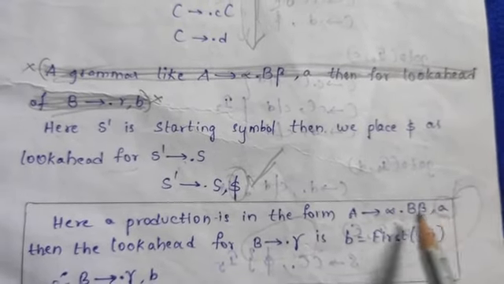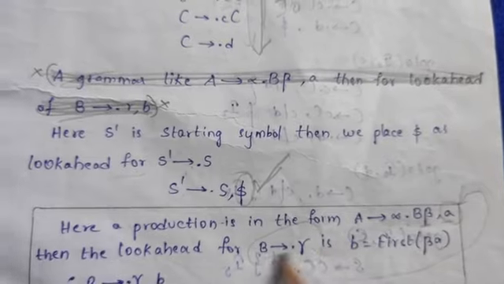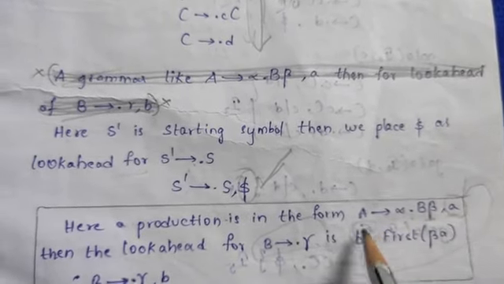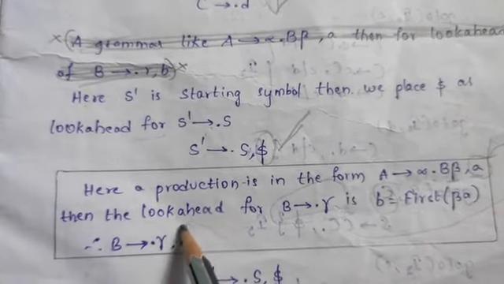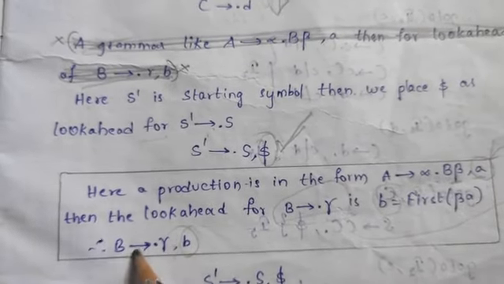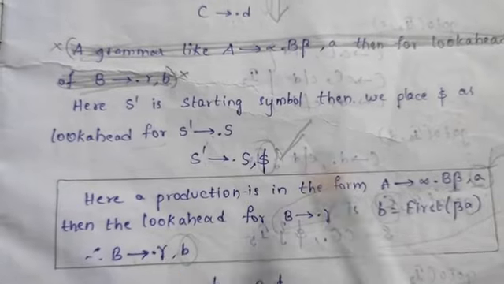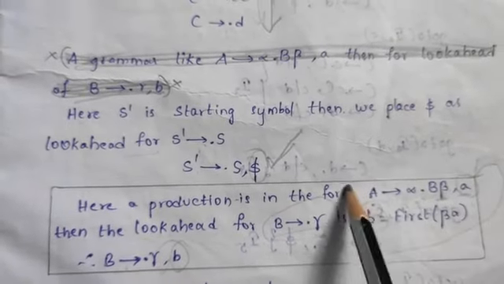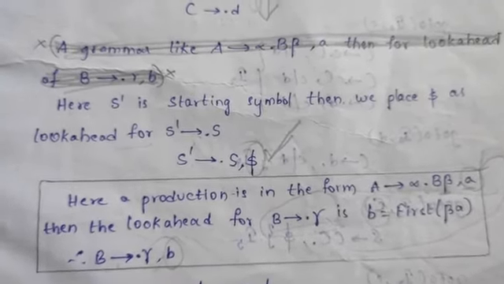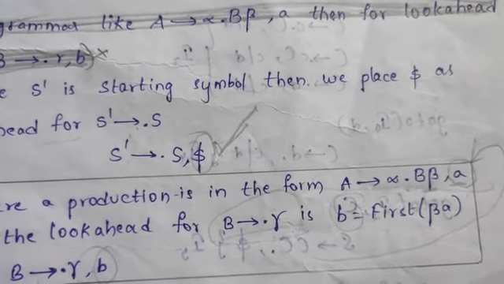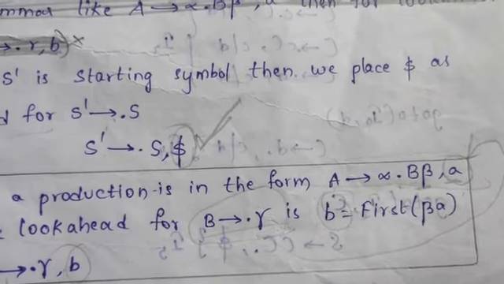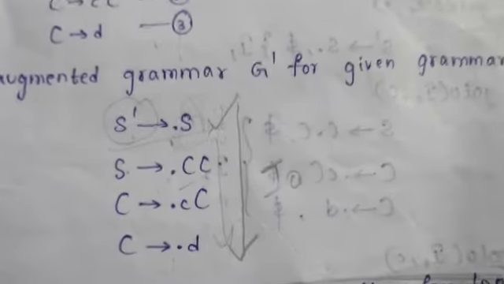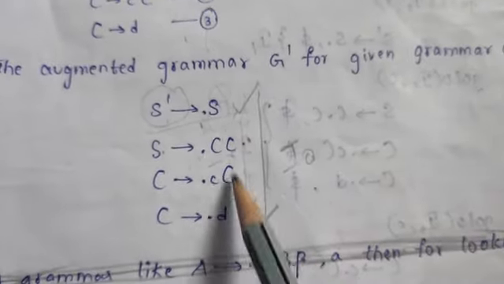By combining these two, we get the look ahead for this production, B tends to dot gamma comma b. Here b is the look ahead of this production, constructed with the help of the already defined production A tends to alpha dot B beta comma a. So by using this formula we can construct the look ahead for these 3 productions.